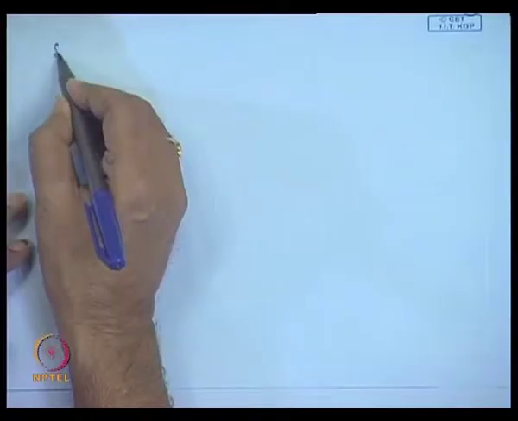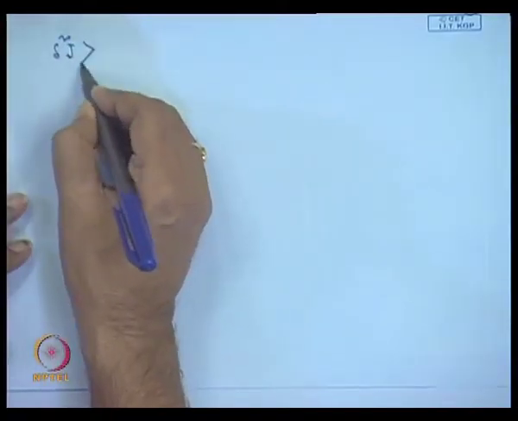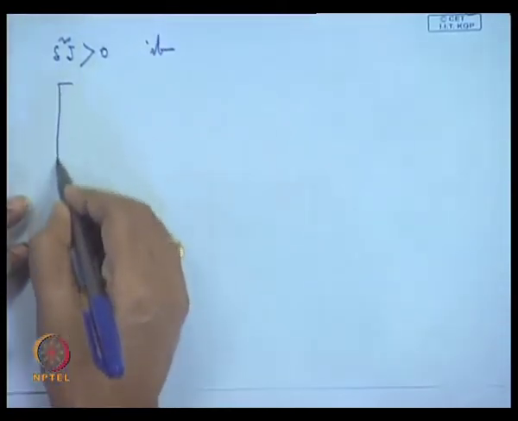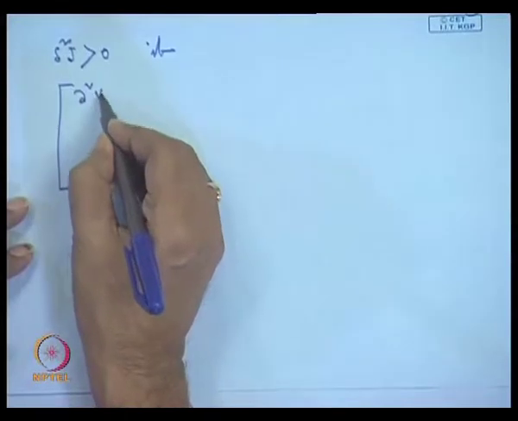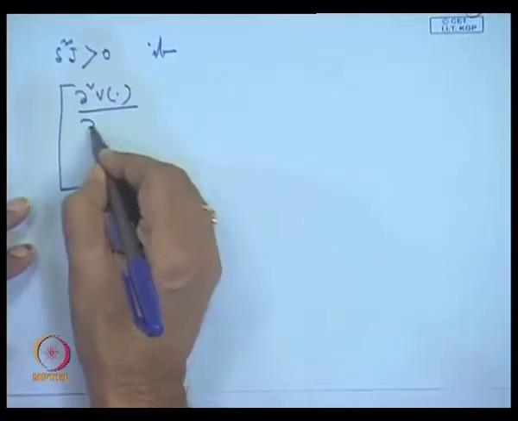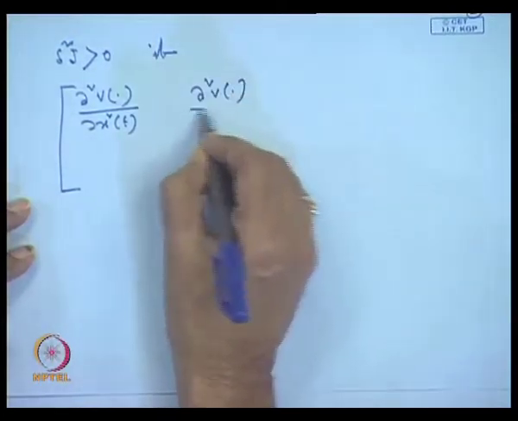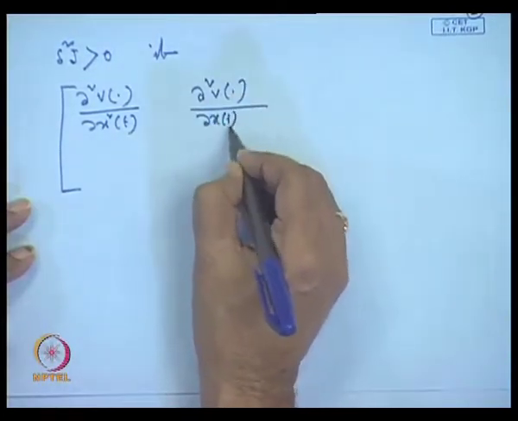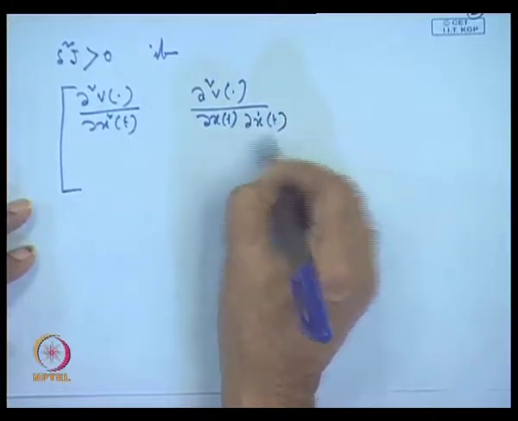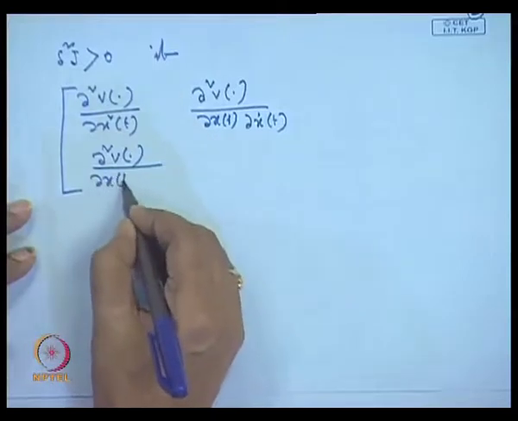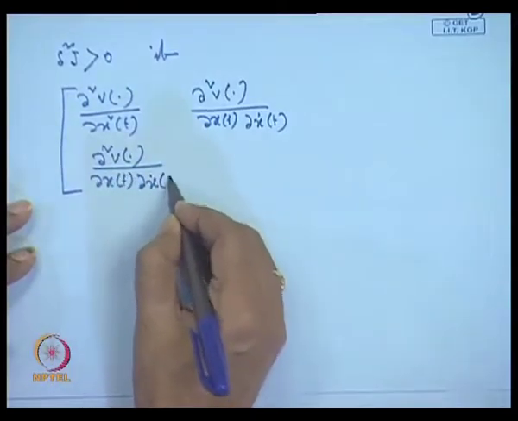So, our condition is: delta square j is greater than 0 if the matrix of del square v by del x square of t, del square v by del x del x dot, and del square v by del x dot square of t is positive.